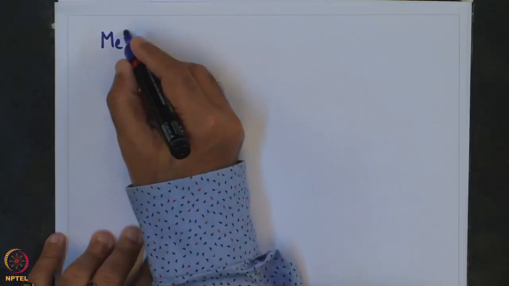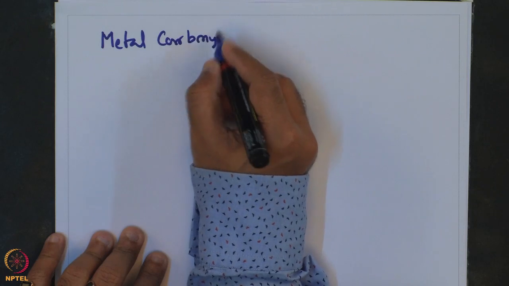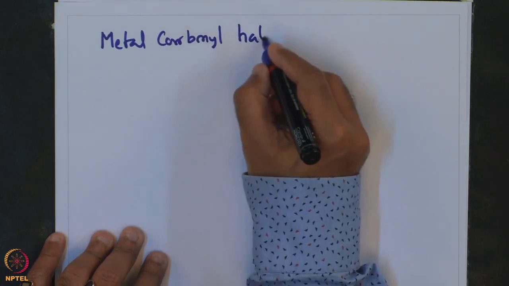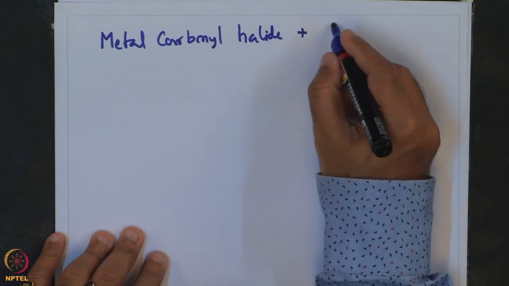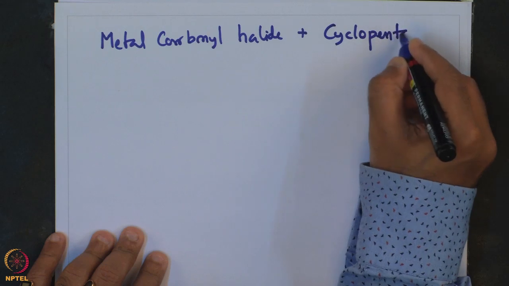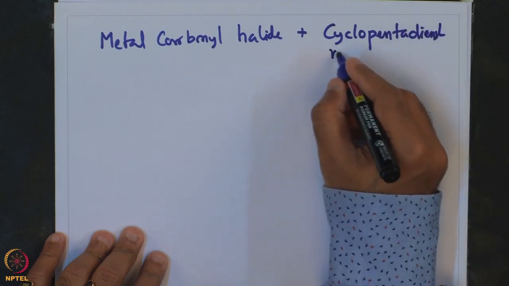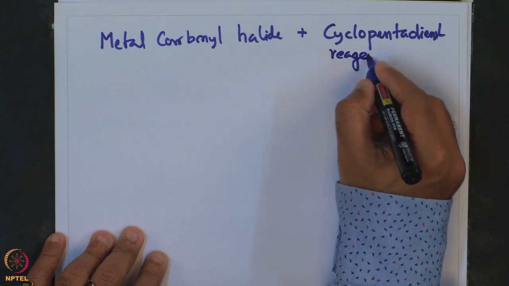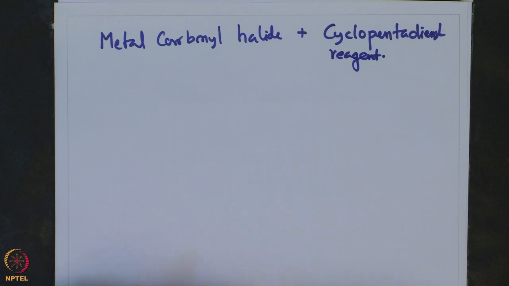The next reaction is the reaction of metal carbonyl halide with cyclopentadienyl reagent. So, this is illustrated as follows.